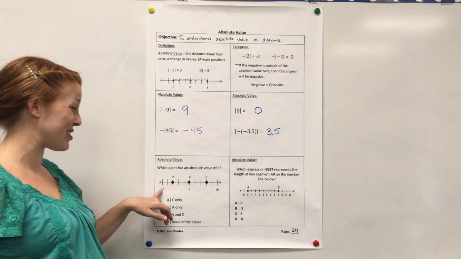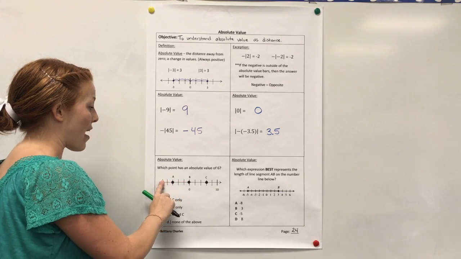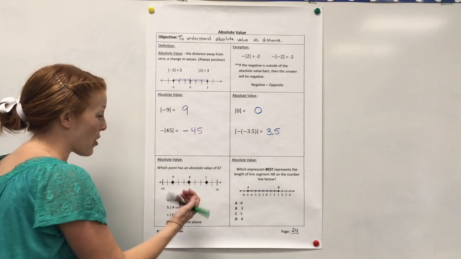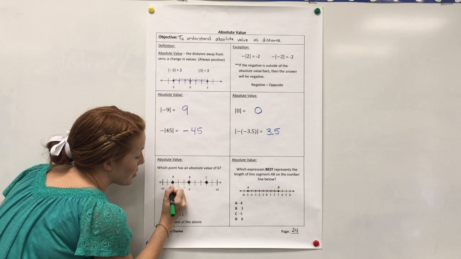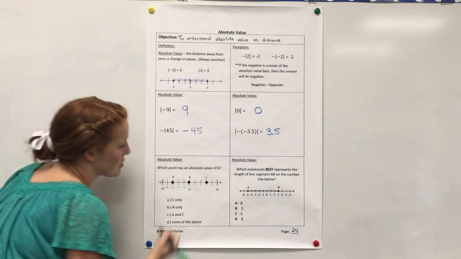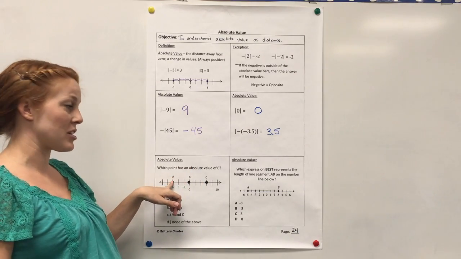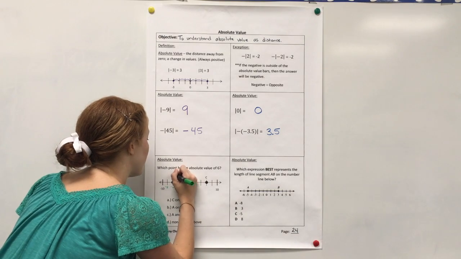Because I see right here this is -10. So I have 1, 2, 3, 4, 5 pieces. Well, 10 divided by 5 is 2. That means I'm counting by 2's. So this would be -2, -4, -6, -8. Well, let's think. What's the absolute value of -6? Well, it's 6 away. So this one would work.